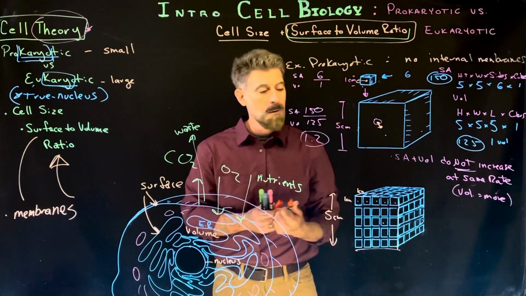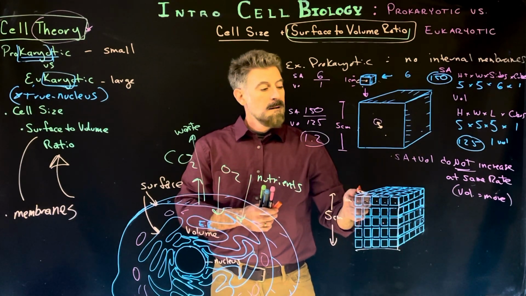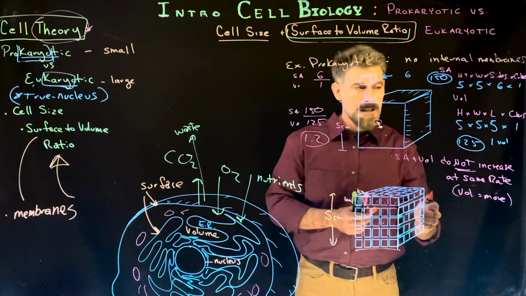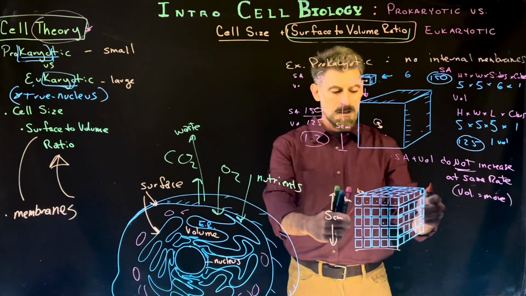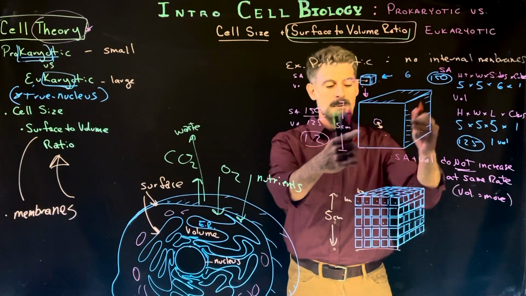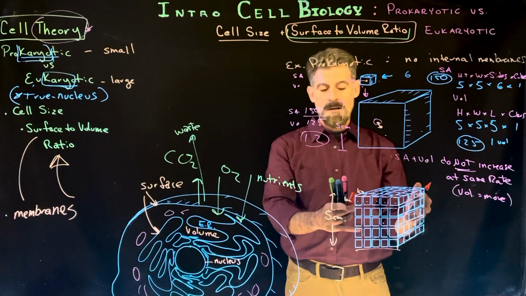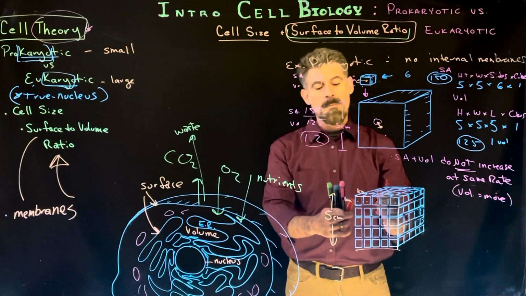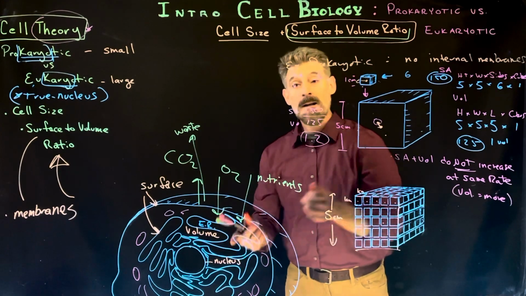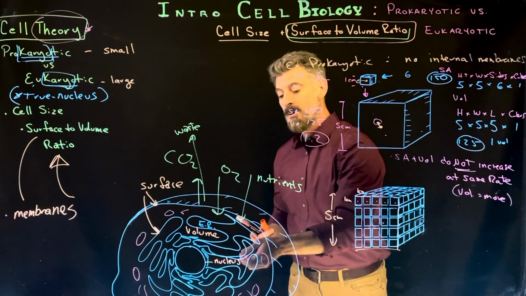They're all 1 by 1 by 1. So if we go back and do some of these calculations, this cube and this cube are pretty much the same size. The difference here is this one is broken up into little pieces and compartments, the way a eukaryotic cell is.